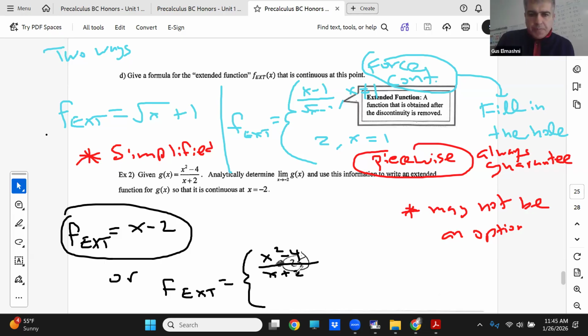And what's going to fill in the hole? -4. I mean, when x is -2, of course.